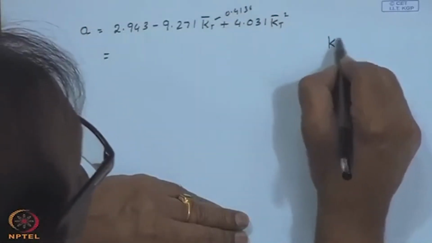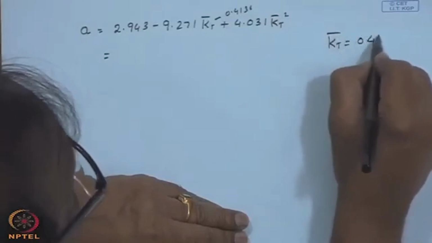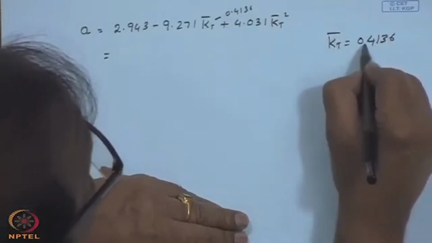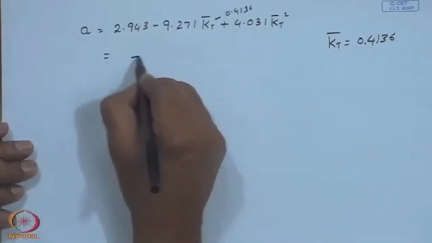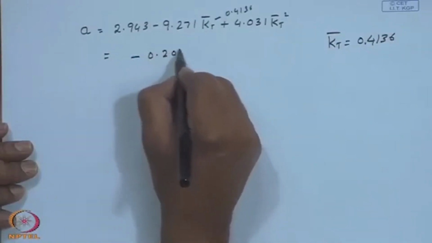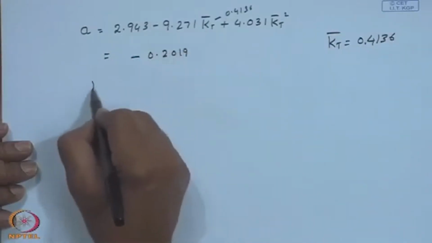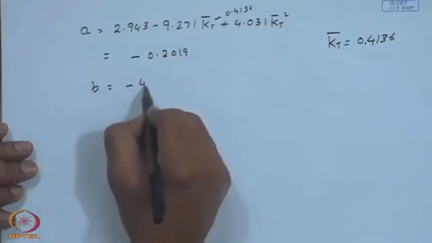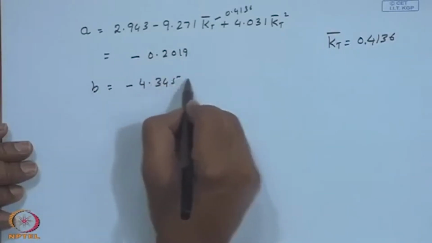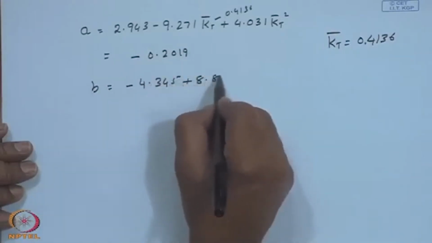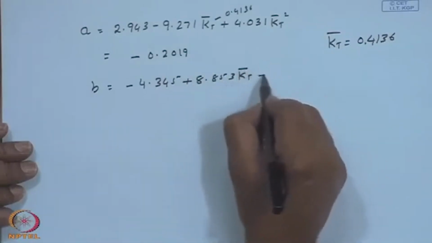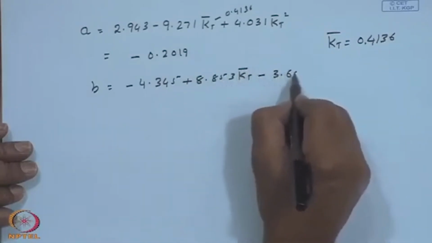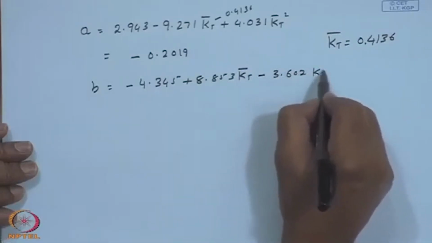Okay, I can write it here. So, this is minus 0.2019. B is minus 4.345 plus 8.853 kT bar minus 3.602 kT bar square.